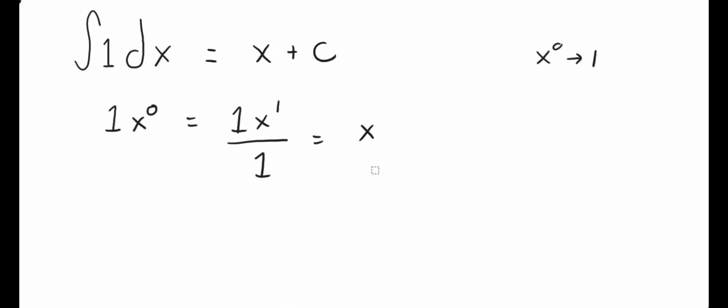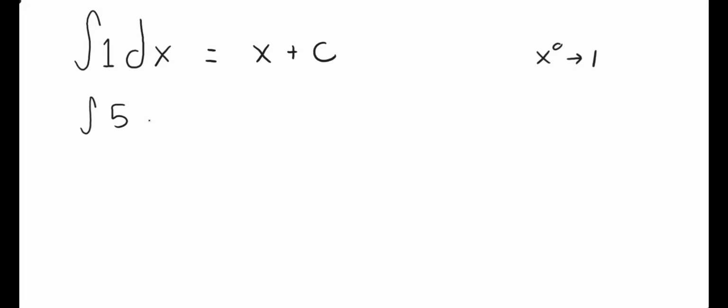That's not really how it is portrayed in the textbooks, but I just like to use that in case I ever forget. But let's say, for example, we did have a number, like 5 dx.